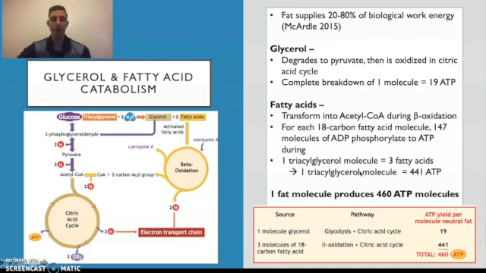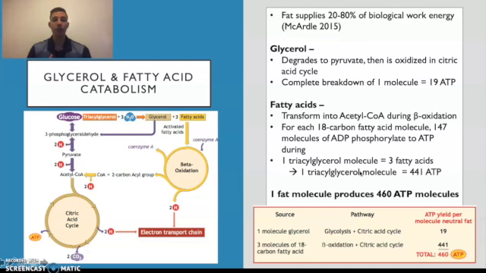Because beta oxidation occurs and then the electron transport chain, one 18-carbon fatty acid molecule produces 147 molecules of ADP that phosphorylate to ATP during the ETC step.